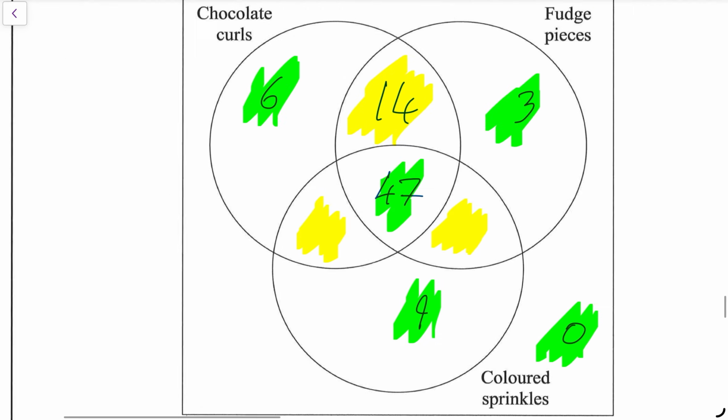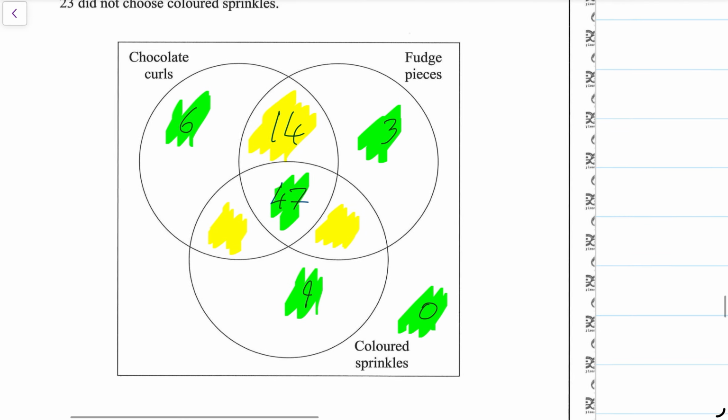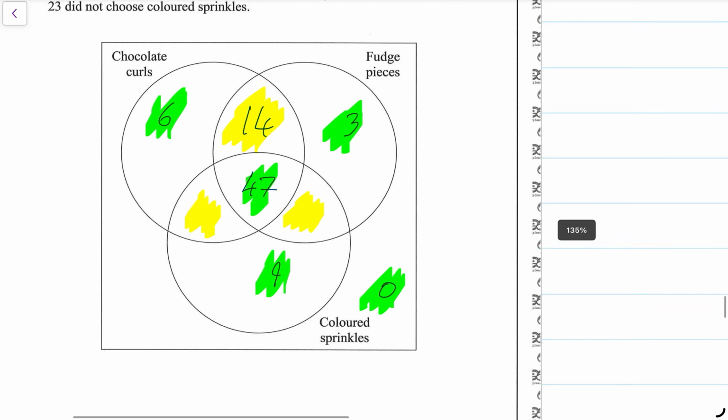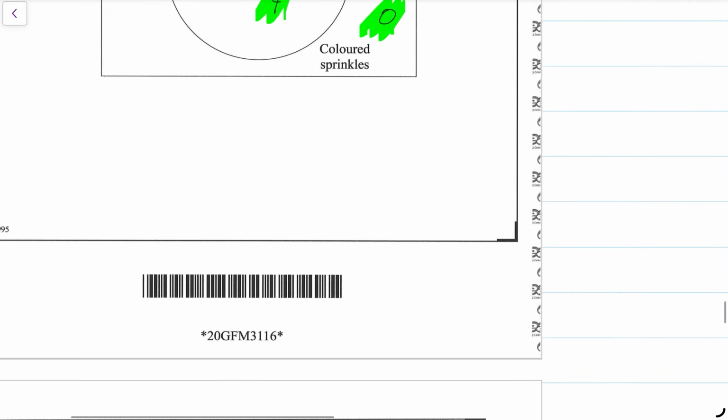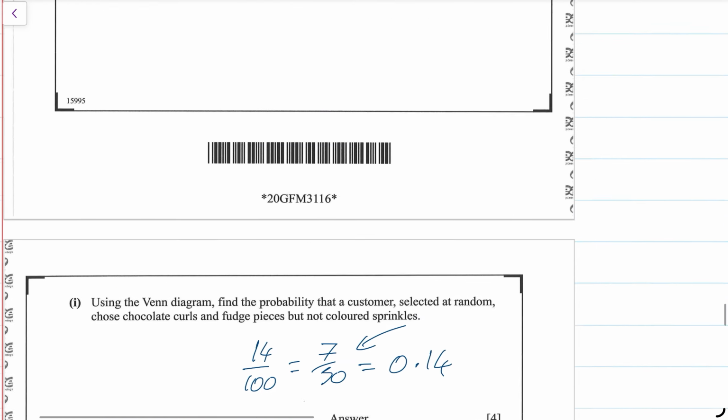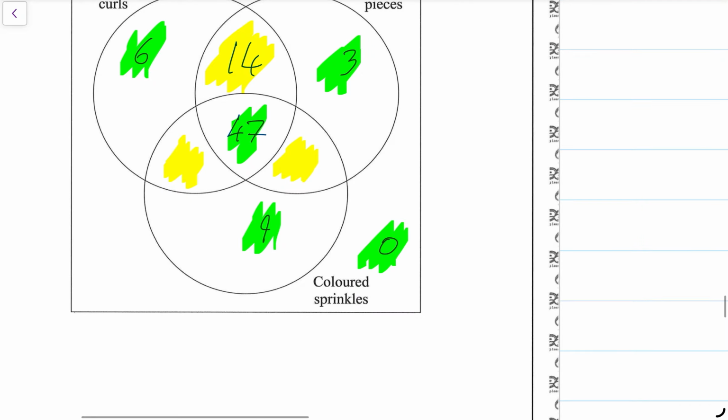So go back to this. How did we work out the total for the sprinkles? Okay, we knew that these three things in yellow from our part 2 added up to be 35. So if there are 35 in yellow, 35 minus 14 is going to be 21.